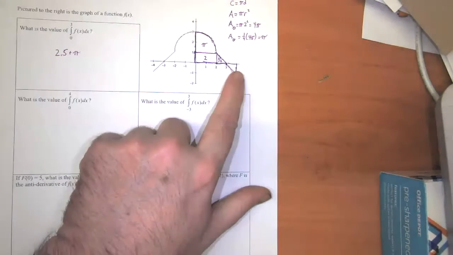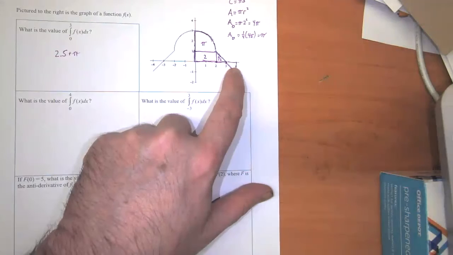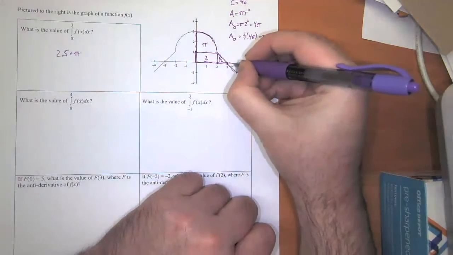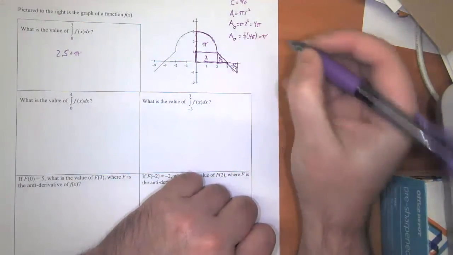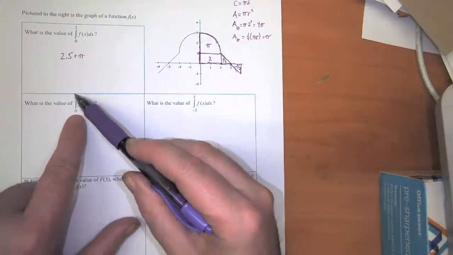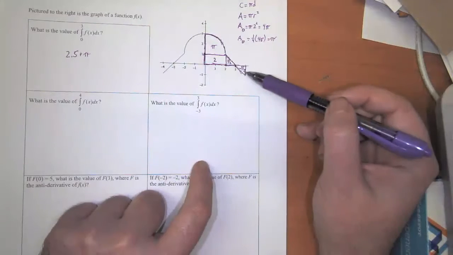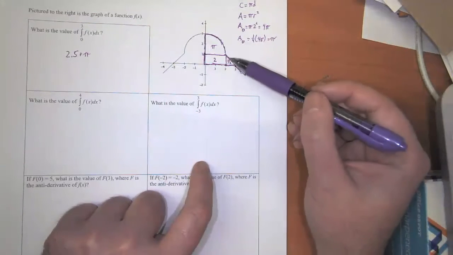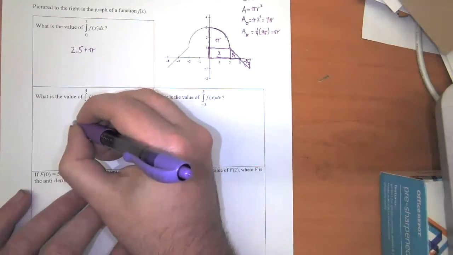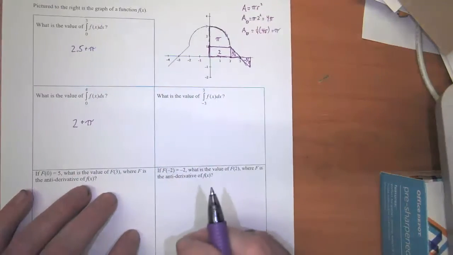Well, the area of this triangle is 1/2, just like the other piece, but this is below the x-axis. So we're going to think of that as -1/2. So when we calculate the integral from 0 to 4 of f of x dx, we've got this sum, and then we're taking 1/2 of it back. Or you could think these two triangles are canceling each other out. And so that value is going to be 2 plus pi.